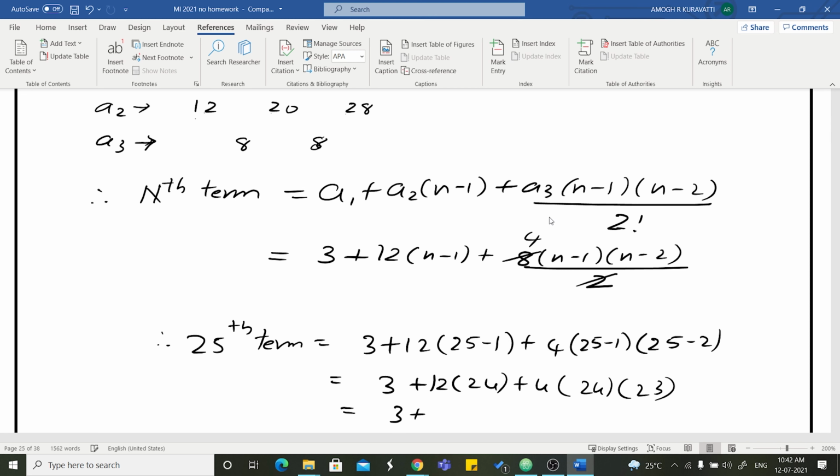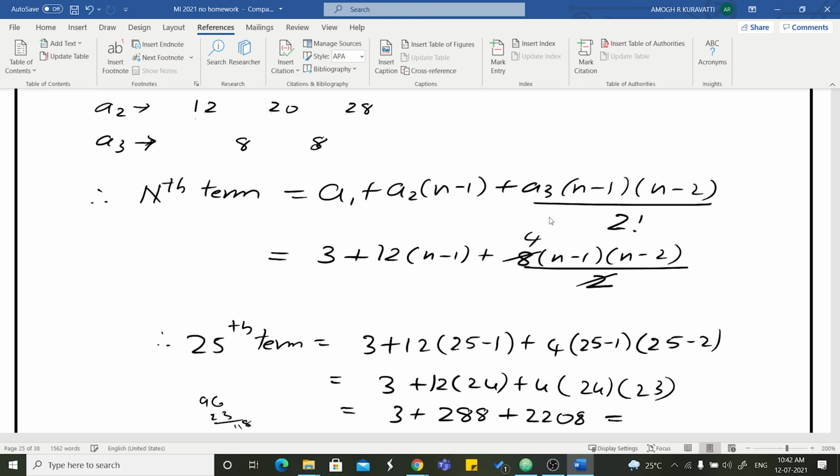So 3 plus 12 twenty-fours is 288, plus 4 twenty-fours are 96, then into 23, which is 2208.